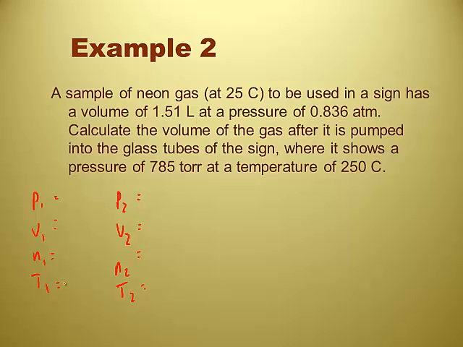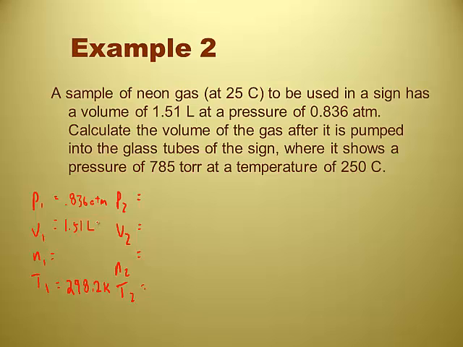Neon gas. Temperature 25 degrees Celsius, that's plus 273, so it's going to be 298.2 Kelvin. It has a volume of 1.51 liters and a pressure of 0.836 atmospheres. They don't mention N at the moment.